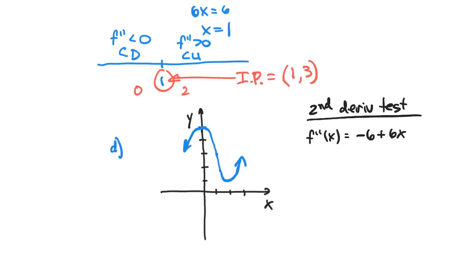The way you would use this is you would plug in our two critical numbers. We had critical numbers of 0 and 2. If I plug in a 0, I'm going to end up getting negative 6. And if I plug in 2 into the second derivative, we get positive 6.